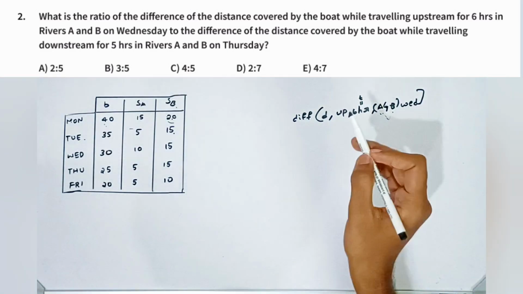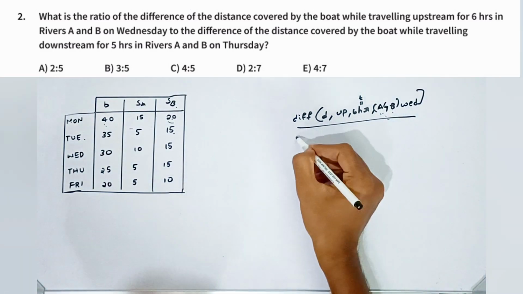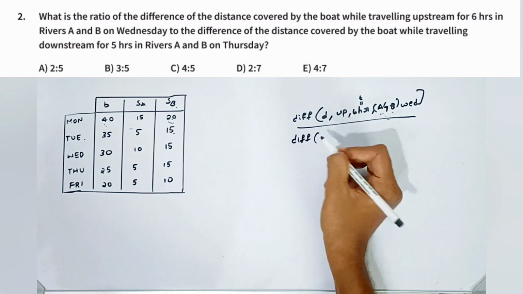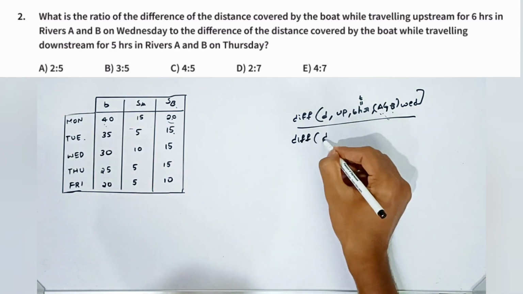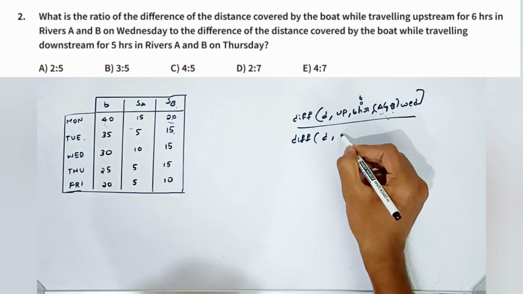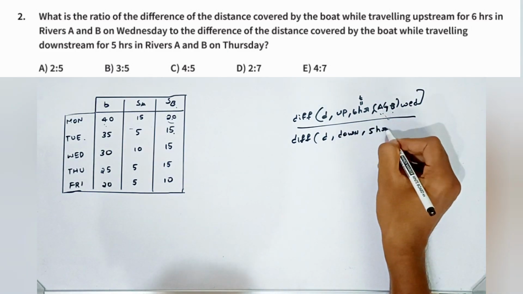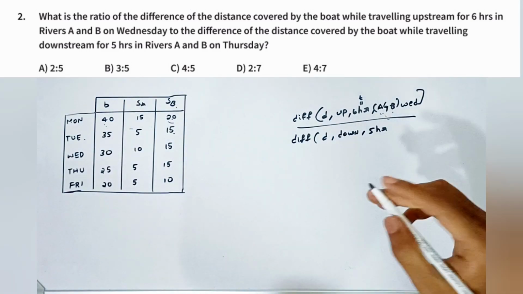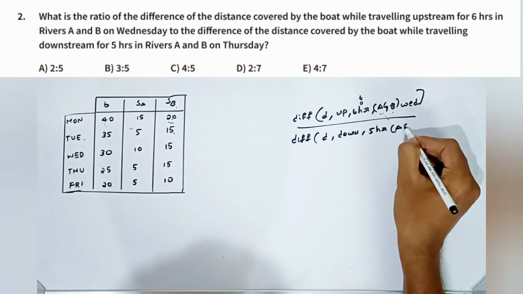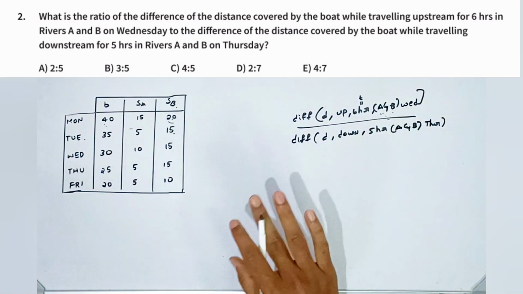Here it is given the ratio of the differences. Here we also calculate the differences between the distance covered by the boat while traveling downstream for 5 hours, so the time is 5 hours, in river A and B on Thursday. We just need to calculate the difference.